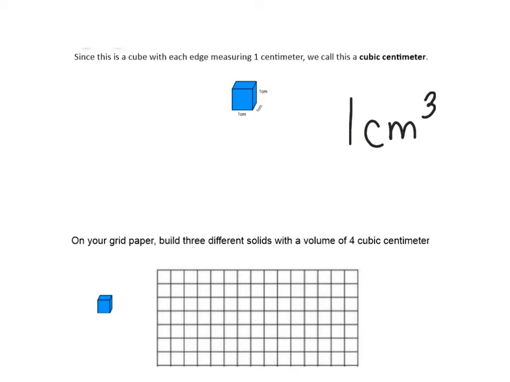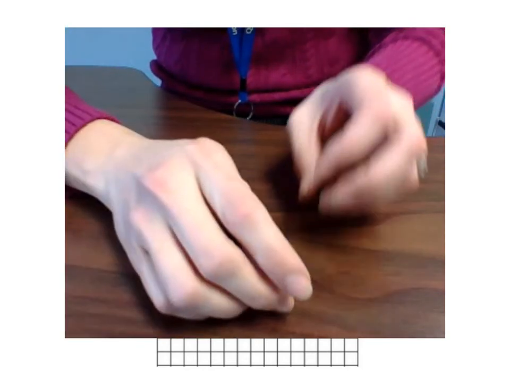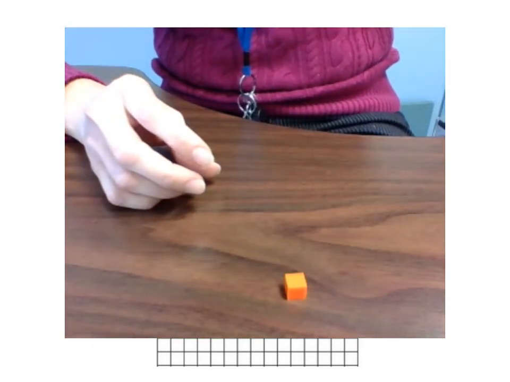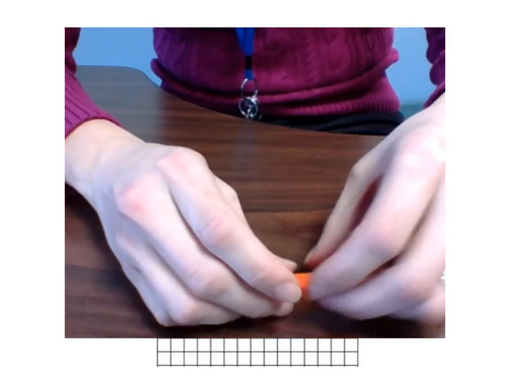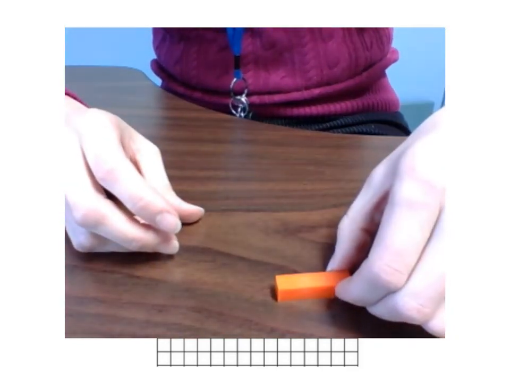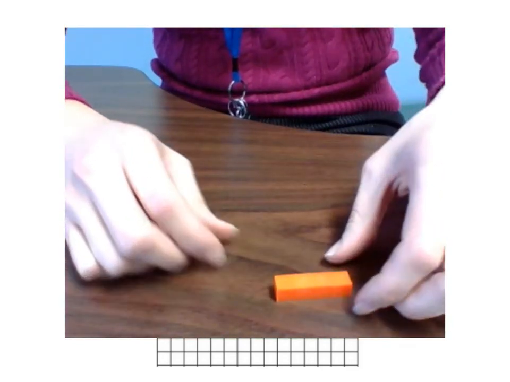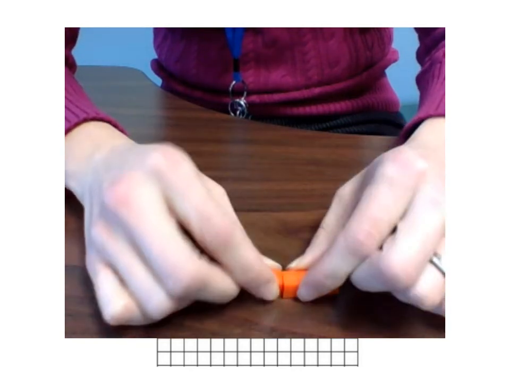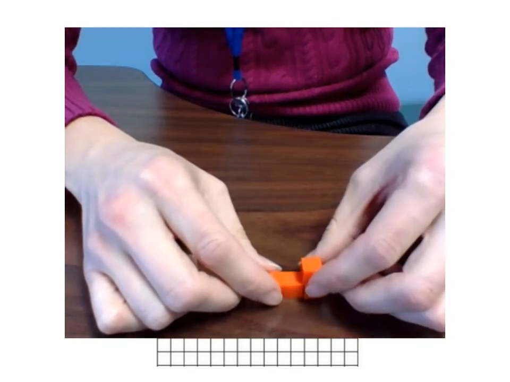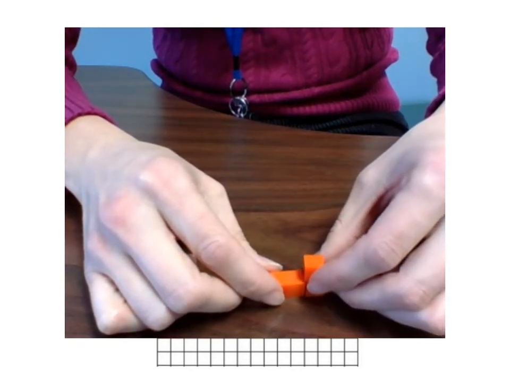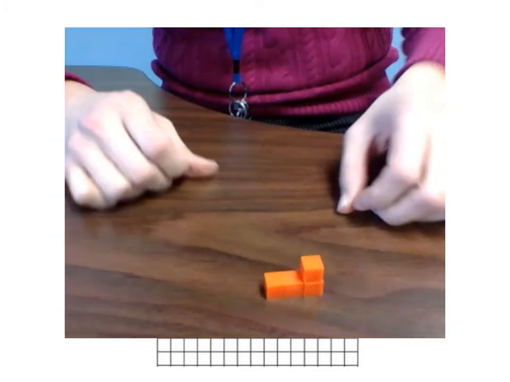So if you're doing this in school and you have some cubic centimeters, I'd like you to build 3 different solids with a volume of 4 cubic centimeters. I'm going to build some for you now. My figure could look like this, a 1 by 4. It could look like this, a little irregular, 3 on the bottom, 1 on the top.